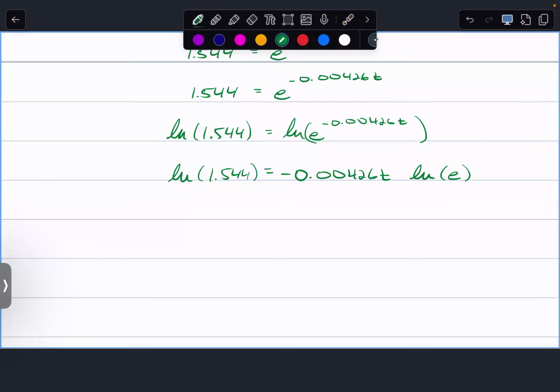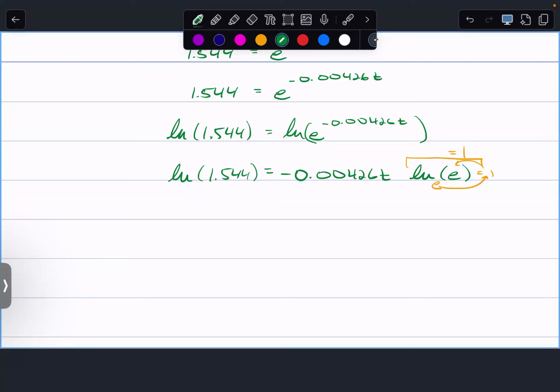So this here is 1, and that's why it goes away, right? Because we have e to the power of 1 is equal to e to the power of 1. So that's why it cancels out.